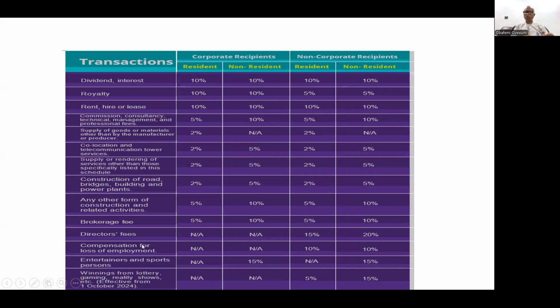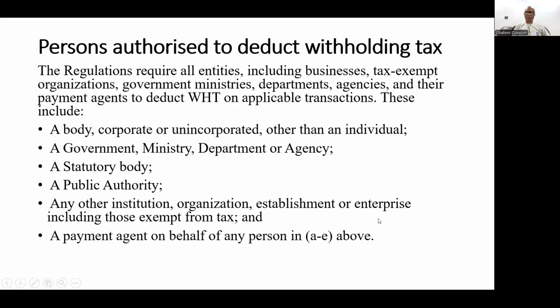Take your time to look at them, go through and appreciate the changes as prescribed by the new regulations as much as possible. So we talk about all the different rates given to us, and of course, they become applicable from July 1st, 2024.